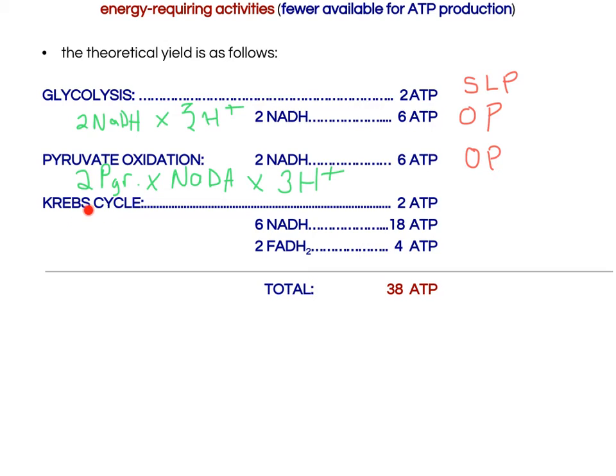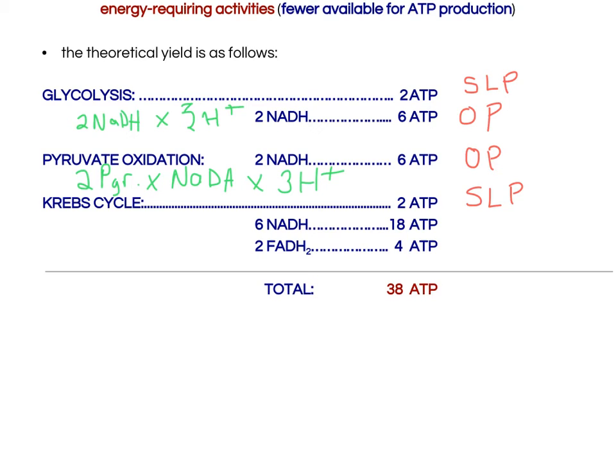If we have two pyruvates, we're going to produce 2 acetyl coenzyme A's, and thus 2 turns of the Krebs cycle per 1 glucose molecule. So if 1 turn produces 1 ATP, 2 turns are going to give us our 2 ATP, and that's happening directly, via substrate level phosphorylation.